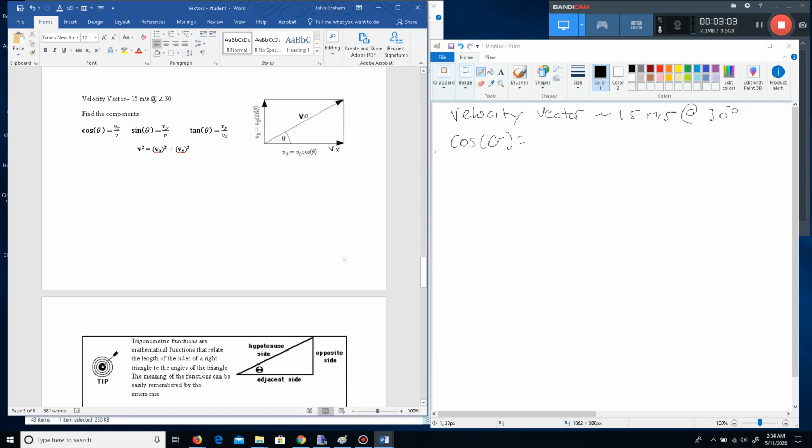I mentioned in one-dimensional that VO is the initial. So if we're looking at the initial velocity, it's going to be VO. If we're looking at the actual velocity, it's going to be just V. So these have VOs because it came from something that was supposed to be the initial velocity. Don't get too caught up in that. It works the same way no matter where we're at.